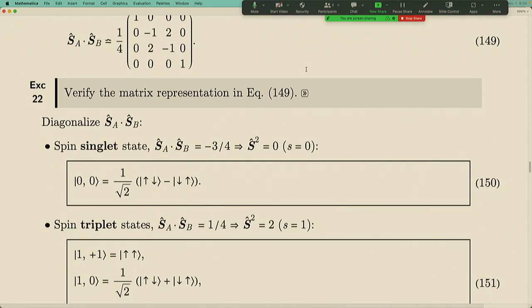This m quantum number can only go from minus j to j, and here j, or s, equals 0, so this second quantum number can only be 0.